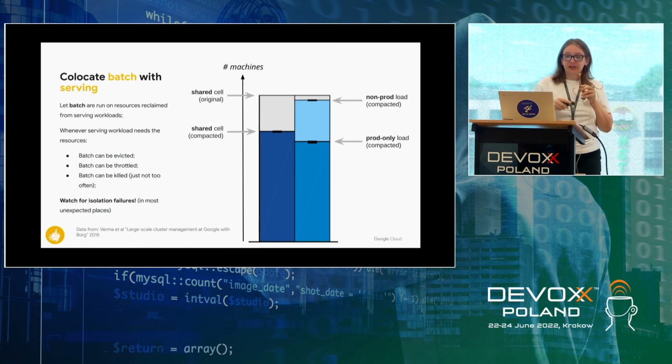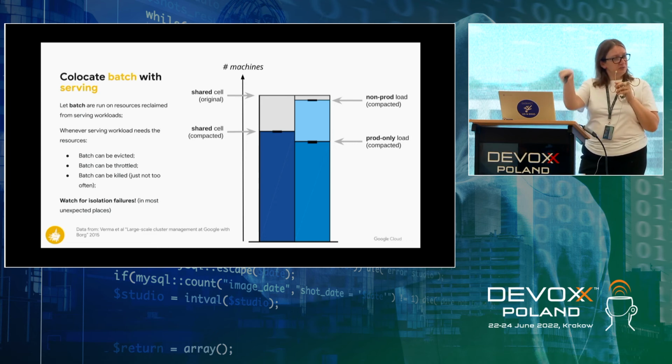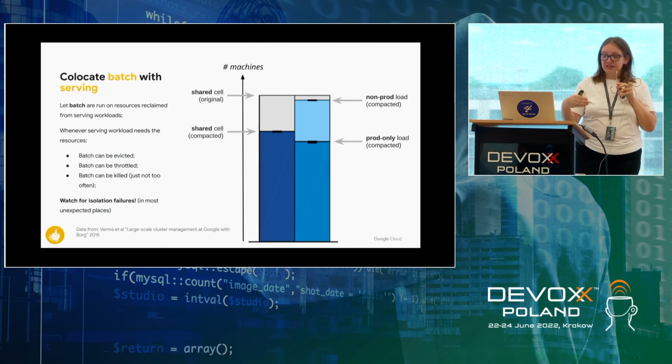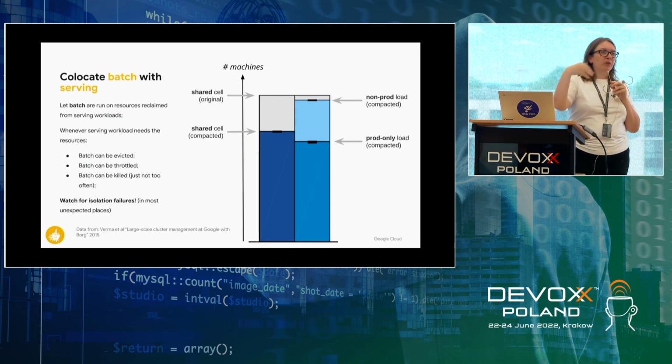The main thing is, it's also related a little bit to overcommit, but basically you can think about it that the resources that the serving jobs do not use right now, we allow batch workloads to use.